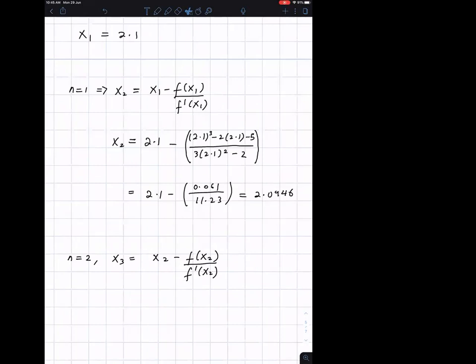When you calculate now, I'm keeping 4 decimal places. We know the answer is around 2, but we would like to keep at least 4 decimal places. So x3.